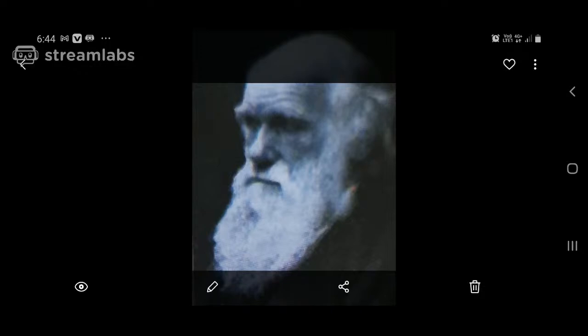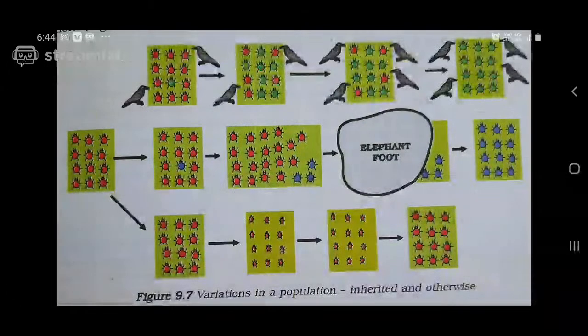And this is an example of evolution, how evolution comes into existence. Now in the first row you can see that all beetles are red. Only one has undergone change to green. Red has changed to green. Now the crows started feeding on the red beetles.